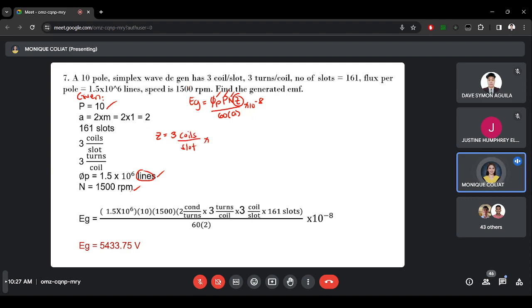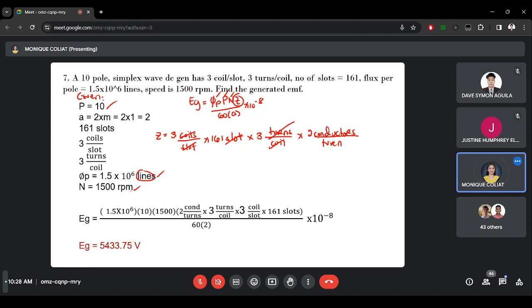So, paano natin makuha ang number of conductors? We have 161 slots, 3 coils per slot, 3 turns per coil, and a conversion of 2 conductors per turn.